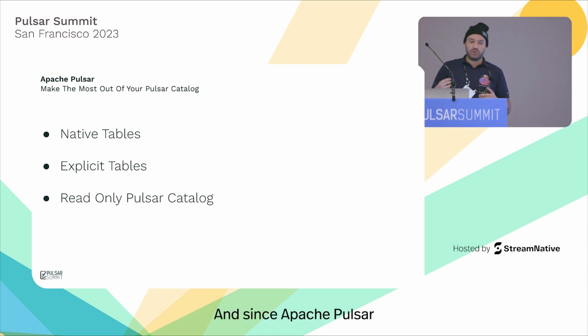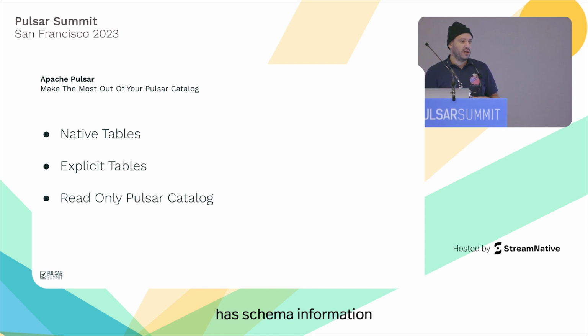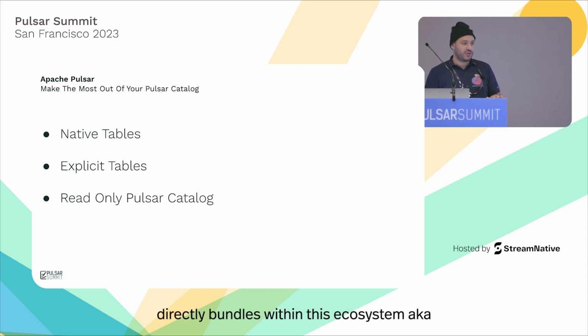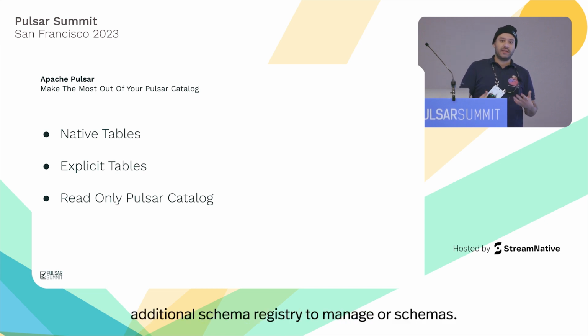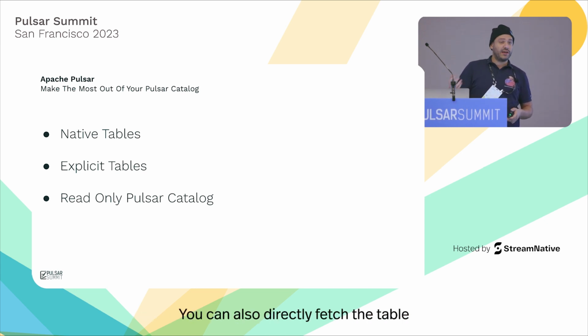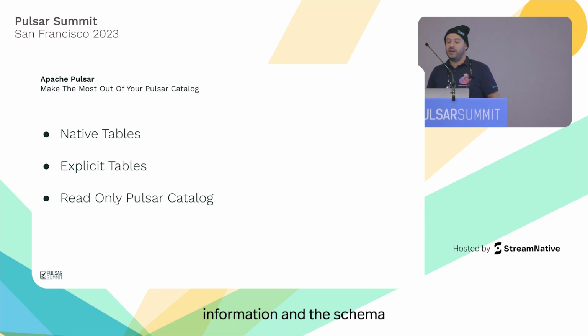And since Apache Pulsar has schema information bundled within its ecosystem, meaning you don't need an additional schema registry to manage your schemas, we can also directly fetch the table information and the schema from Apache Pulsar itself.